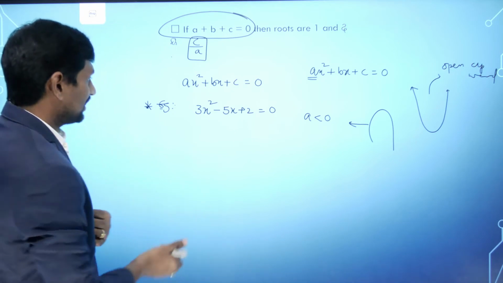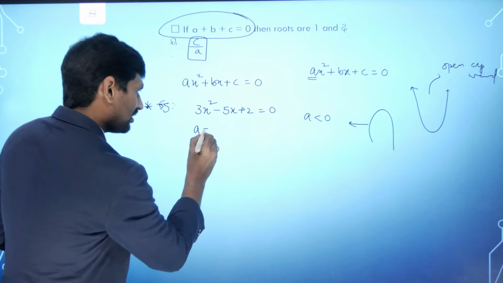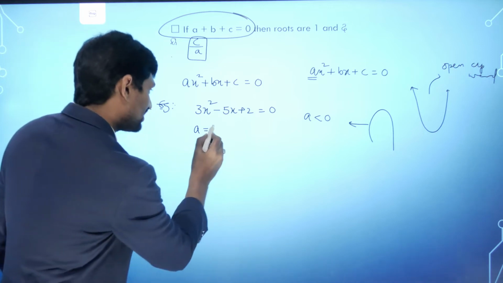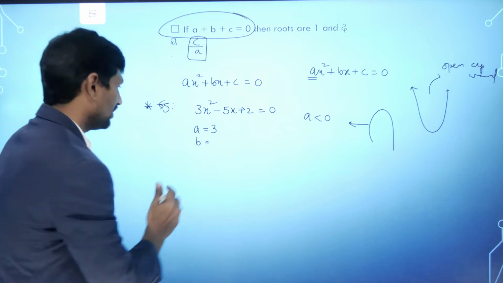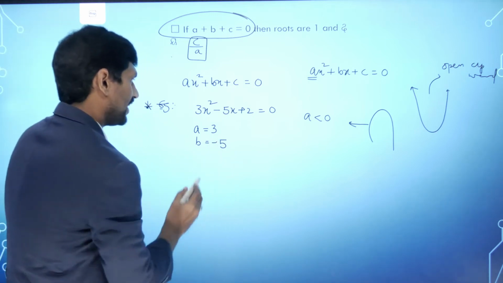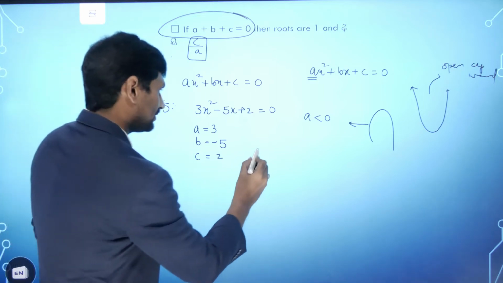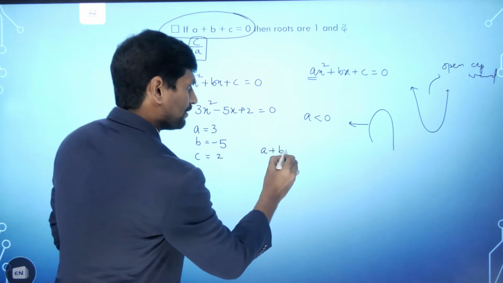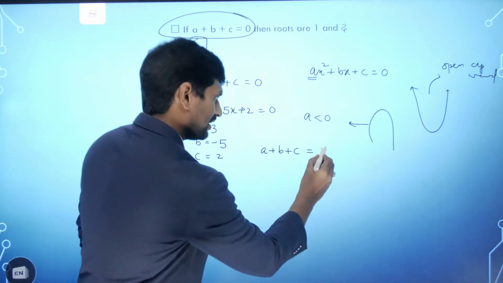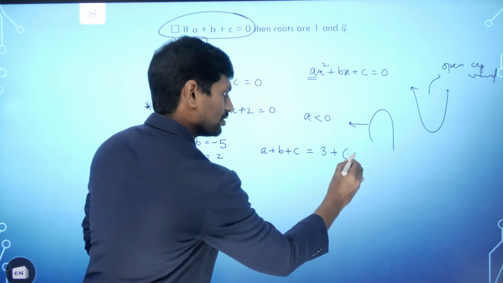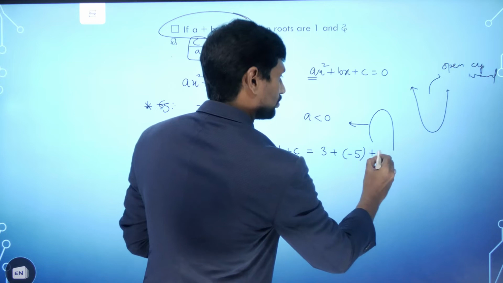Okay. See, for example, I am taking this only. What is the a value here? Very good. The a value is 3. The b value is minus 5. The c value is 2. Let us check whether a plus b plus c is 0 or not. The a value 3 plus the b value minus 5 and the c value 2.